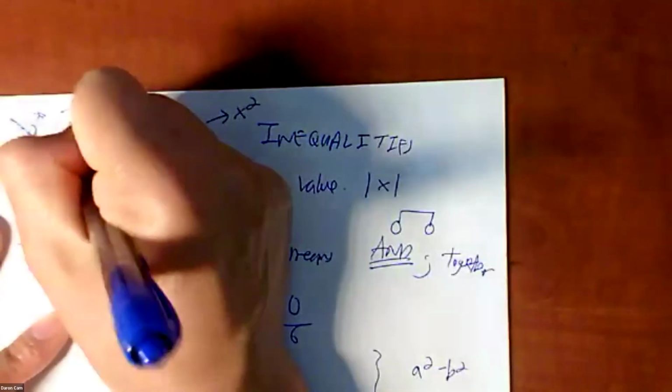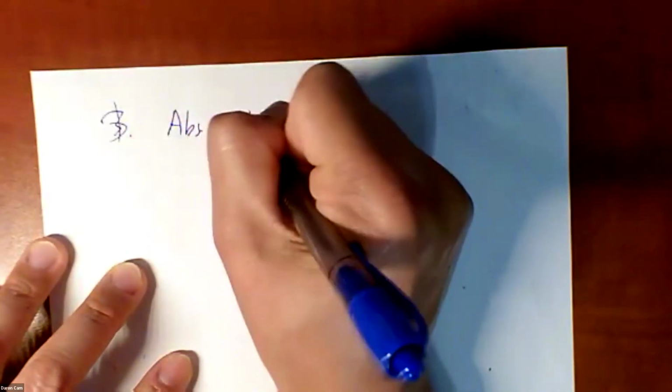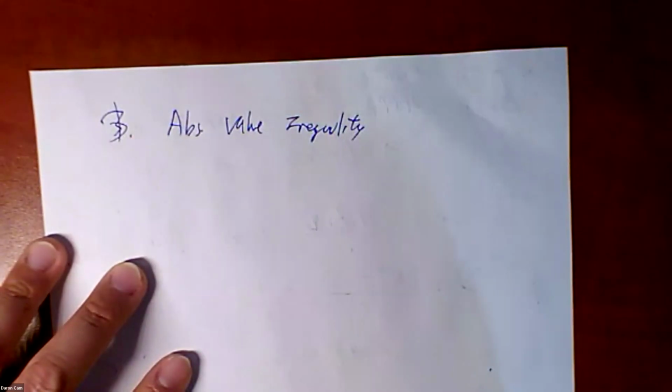Then we can do A, quadratic, and B, absolute value. This is your A right over here, with a quadratic inequality. This is your B, your absolute value inequality. And it literally follows the same rule.